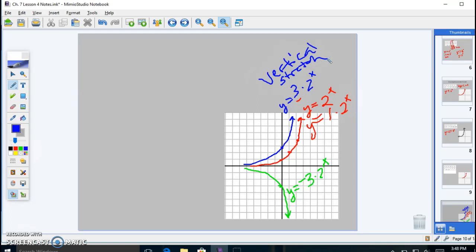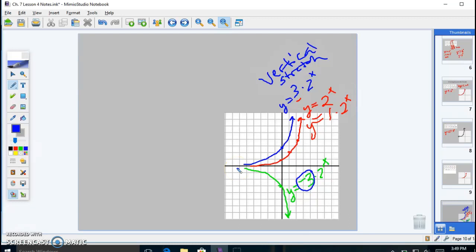Now notice the green line down here. It is still a growth equation, but it grows downwards. The only difference here is your y-intercept, which is -3. So what this looks like is it starts from left to right, but it goes down really quick.